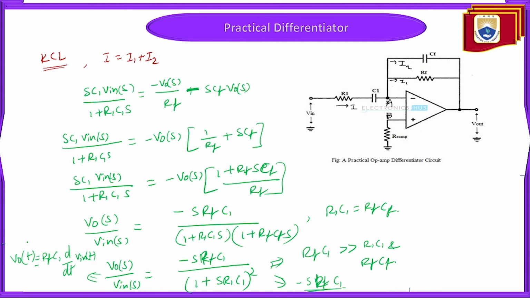So this is the final practical differentiator output voltage. And always, this RF C1 value we have to maintain very small compared to the time period of the applied input signal. Then only can we get the true or proper differentiation from the circuit.